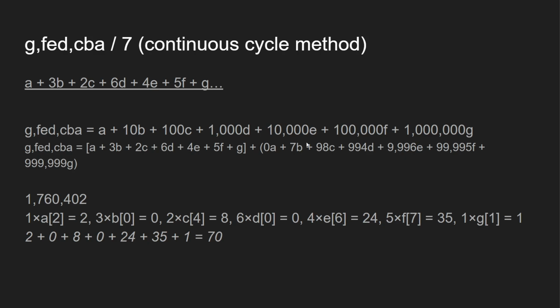And now all of a sudden, 98, that's divisible by 7. 994, divisible by 7. 9,996, divisible by 7. 99,995, divisible by 7. Then we go back to 1, divisible by 7, or 1 minus a million, divisible by 7.